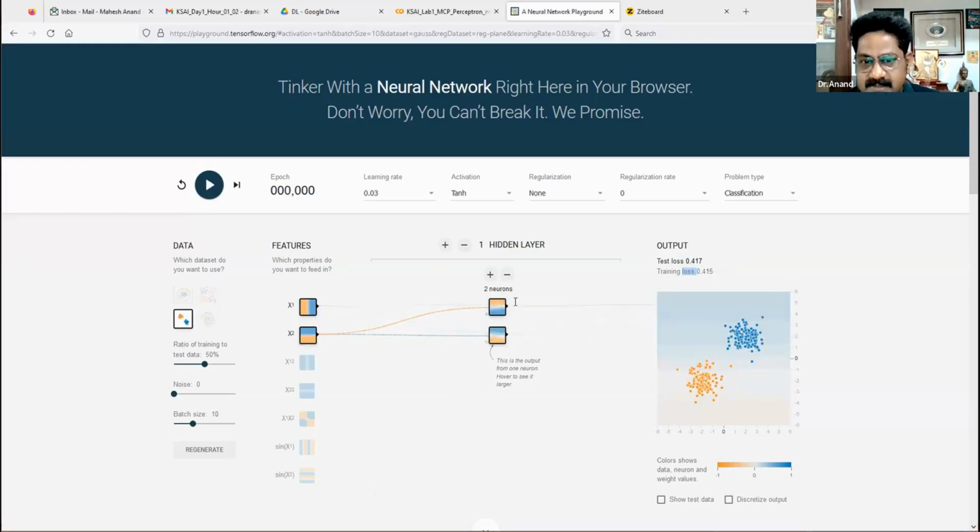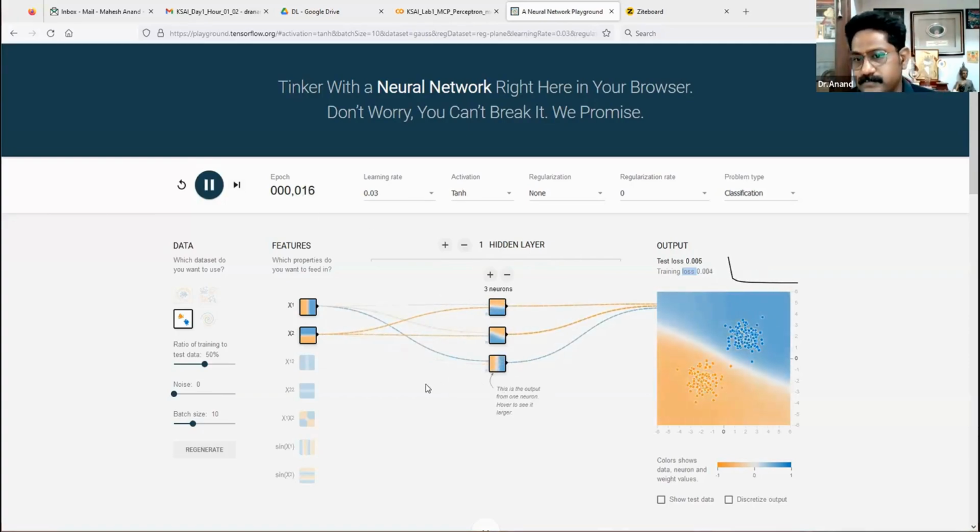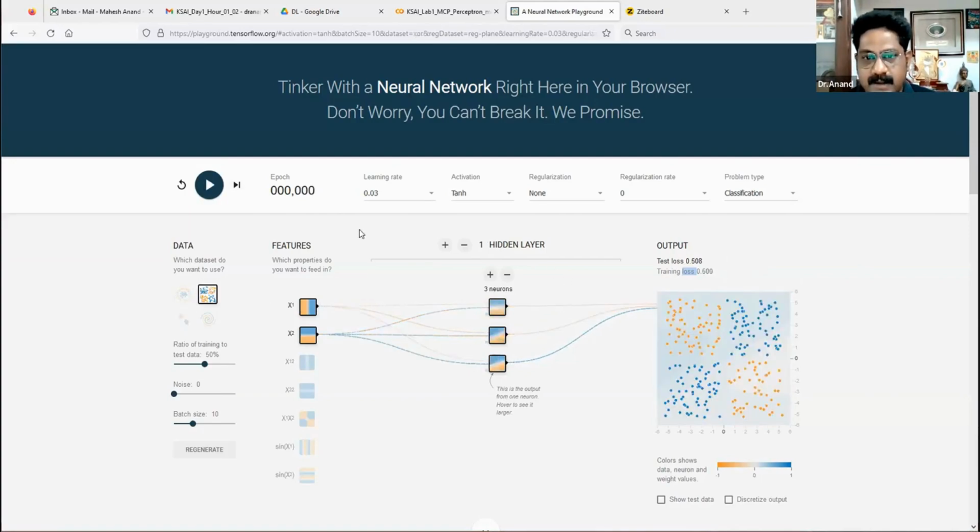Once again, I reset this. I increase the number of computation elements in the hidden layer. Earlier, by default, 2 neurons. Now it's 3 neurons.